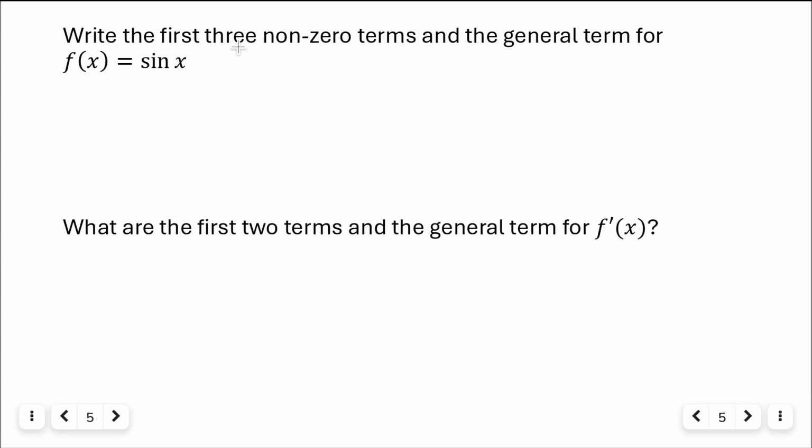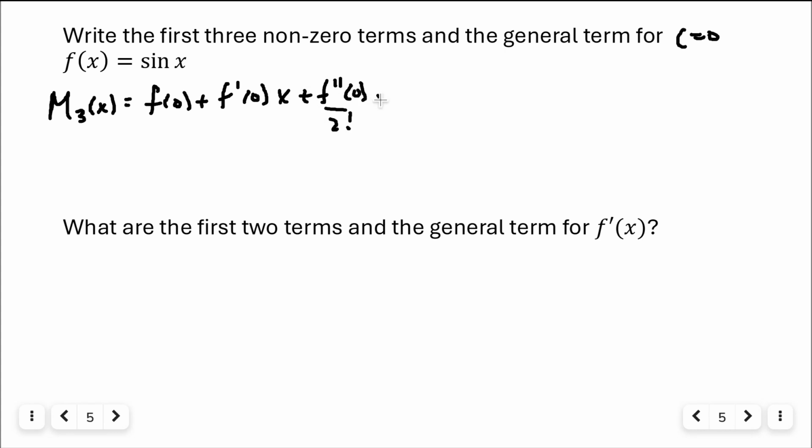Let's write the first three non-zero terms and the general term for f of x equals sine x. So we're going to do this as a Maclaurin series, okay, where c is equal to 0. All right, we're going to write the first three non-zero terms and the general term. So if we were to do that, M sub 3 of x would be, let's see, we'd start with f of 0 plus f prime of 0 x plus f double prime of 0 over 2 factorial x squared plus f triple prime of 0 over 3 factorial x cubed.